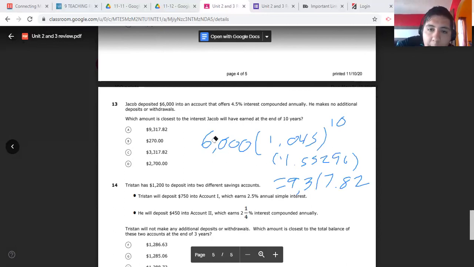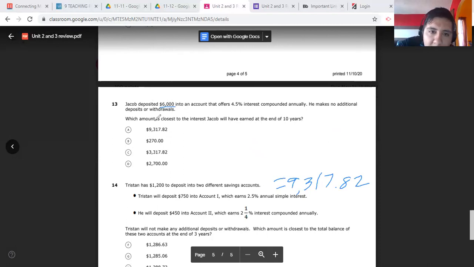But here's the thing. The compound interest formula gives us the total amount, the principal and the interest together. But we're only looking for how much interest we're going to pay.